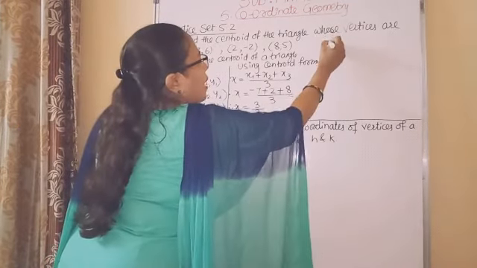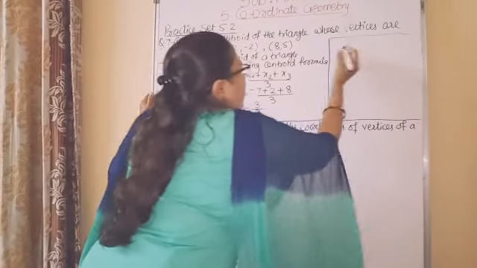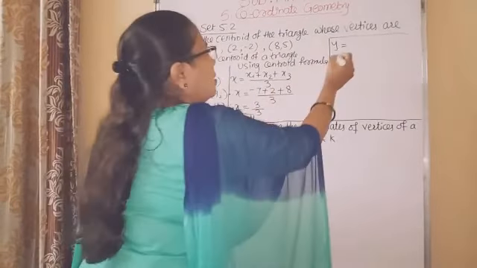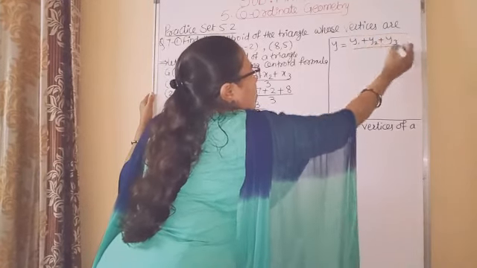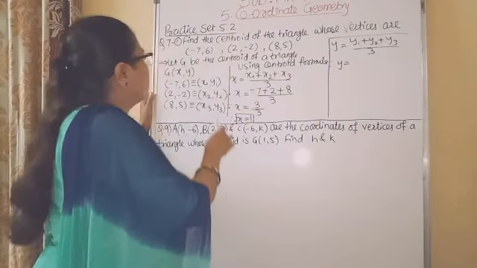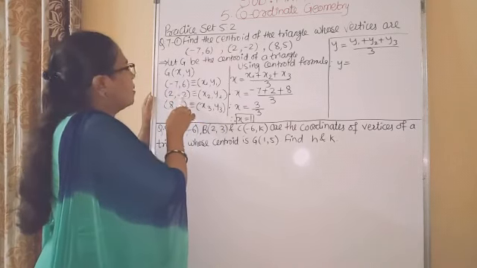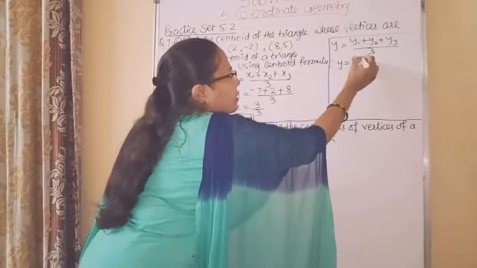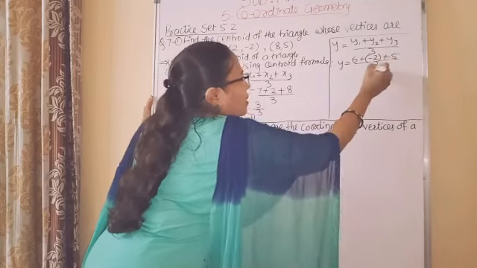Now we will find out the y coordinate. The y coordinate has the same formula: y1 plus y2 plus y3 upon 3. Therefore, y is equal to y1 plus y2 plus y3 means 6 plus -2 plus 5 upon 3.